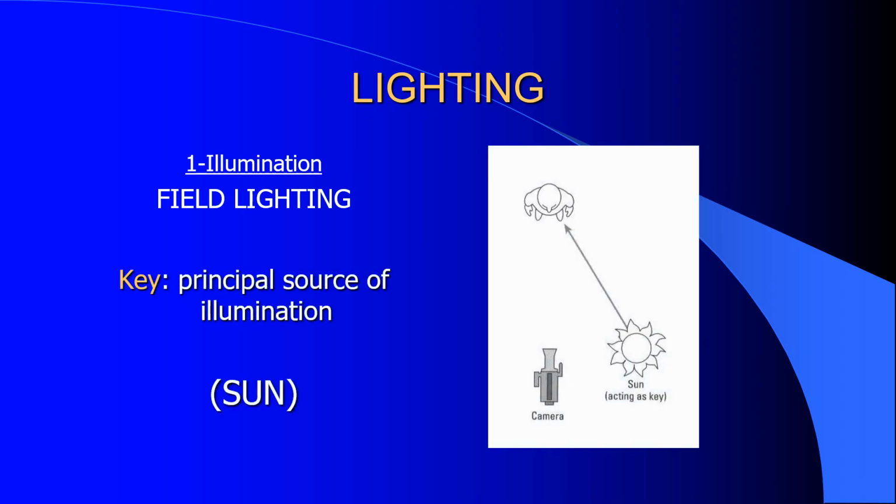What you can do is use the sun as the key light, the principal source of illumination, meaning that you would turn the subject towards the sun. Again, hopefully the sun is either on the left or the right of the person so that the subject isn't looking directly into the sun, and then place the camera on either the left or the right of that sun.